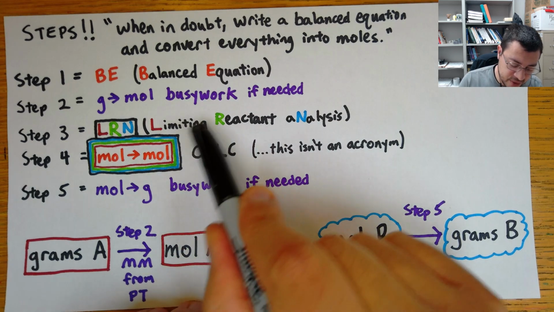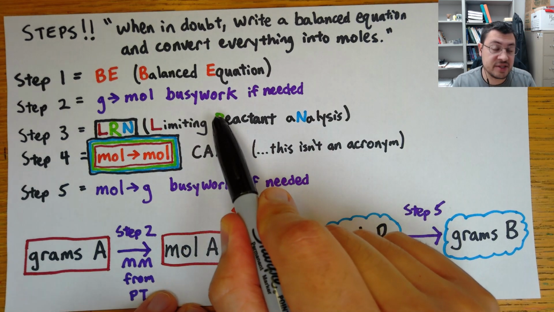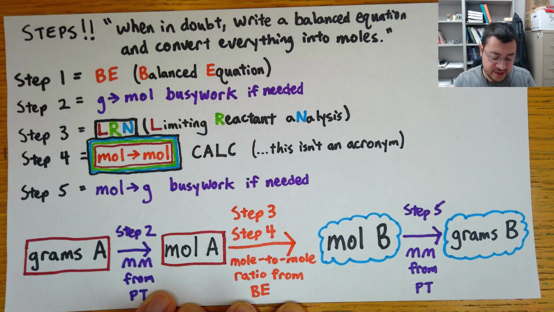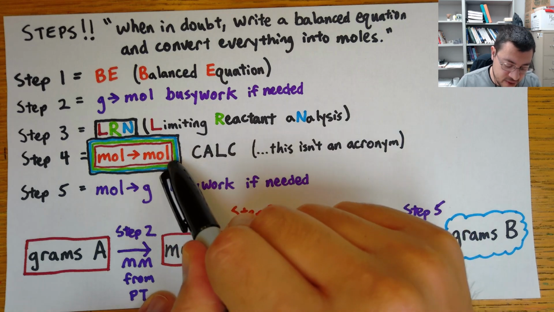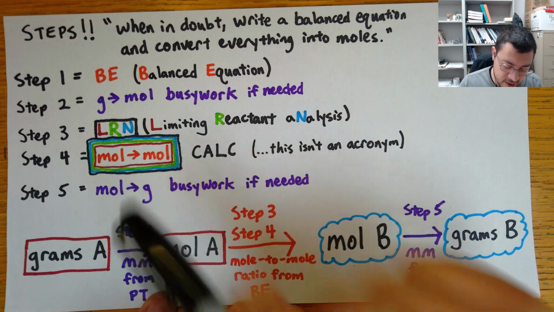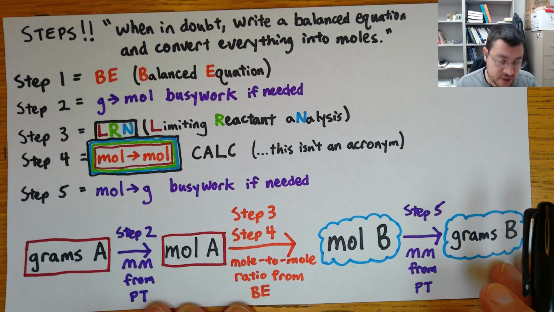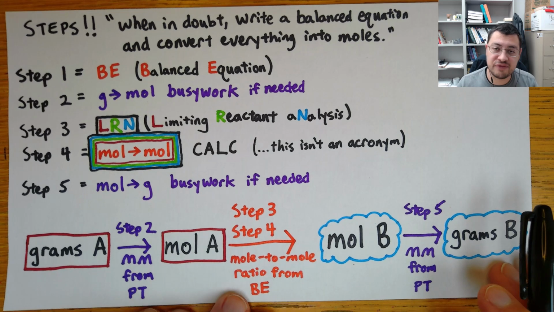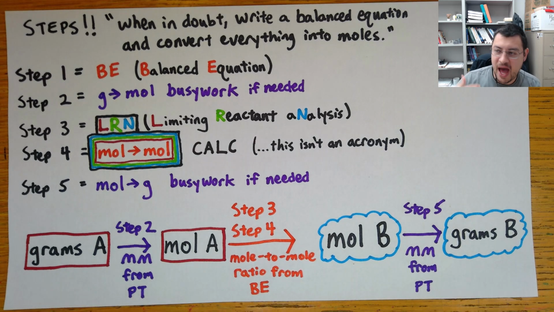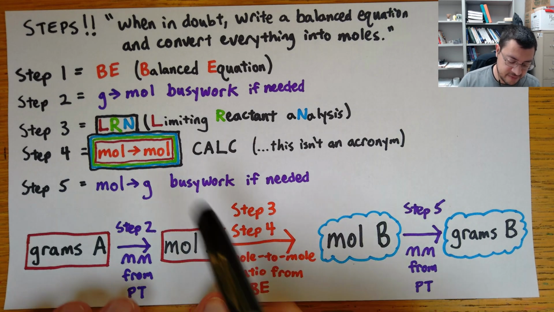But we're going to do our limiting reactant analysis in step 3 to figure out what our limiting reactant is. And then once we know what that is, in step 4, we'll do our mole-to-mole conversions to calculate everything they asked for in the reaction. How much of a reactant was used? How much of a product did we make? All that sort of stuff.